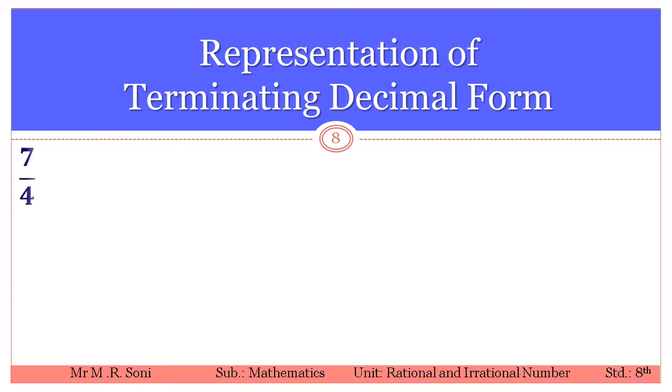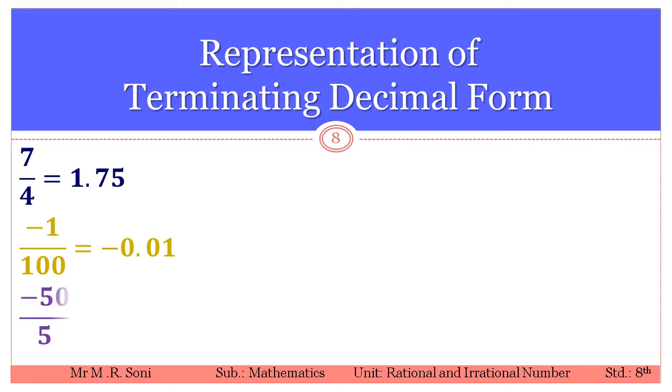7 divided by 4 is equal to 1.75. Negative 1 divided by 100 is equal to negative 0.01.